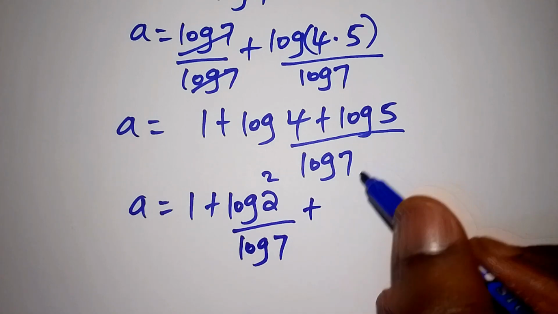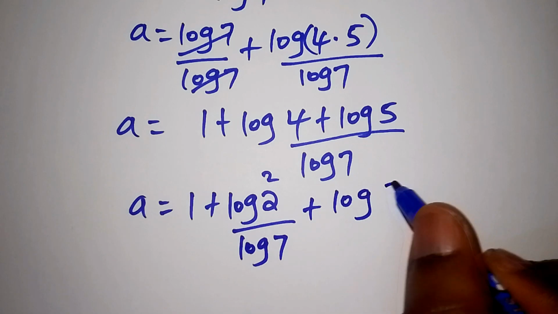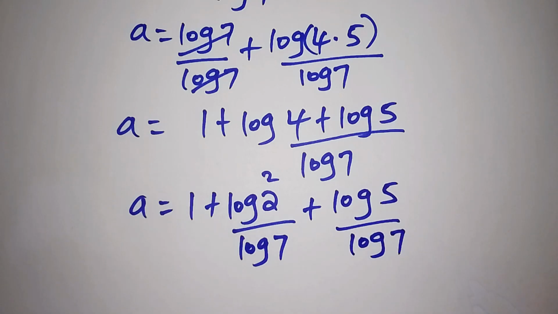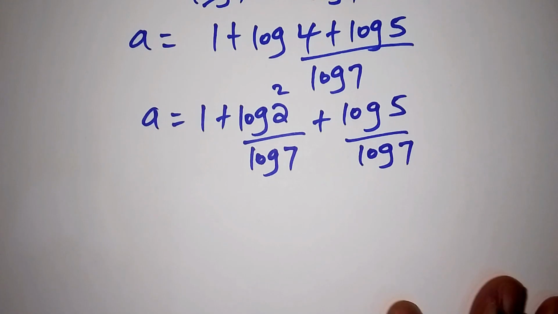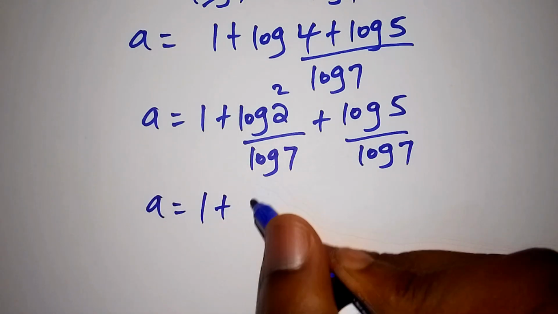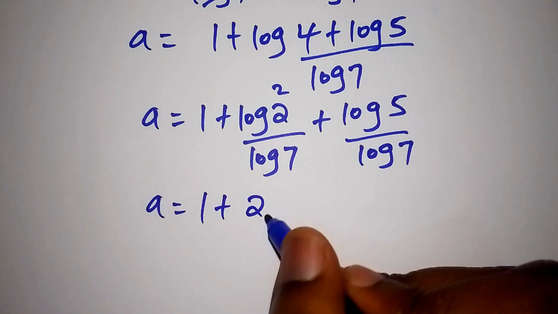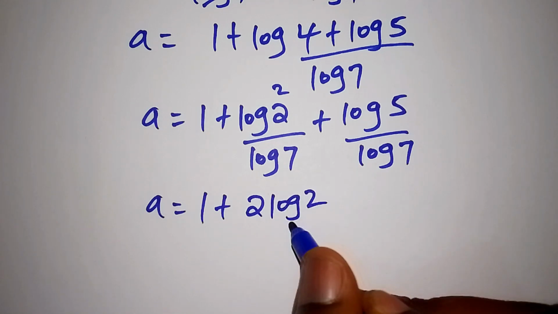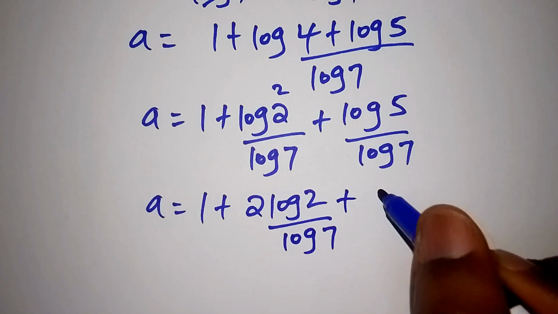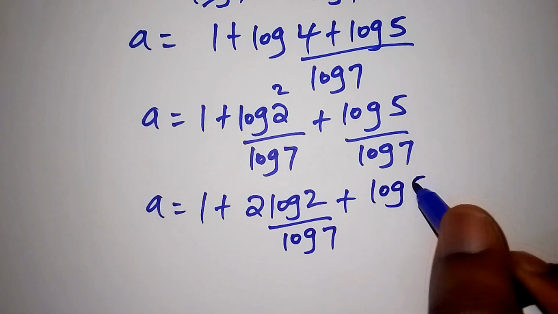Finally a is equal to 1 plus, this can be written as 2 log 2 over the log of 7, plus the log of 5 over the log of 7.